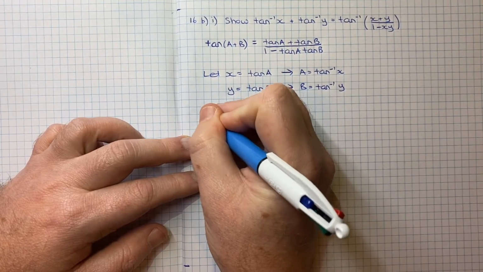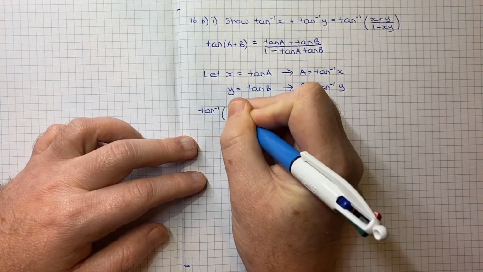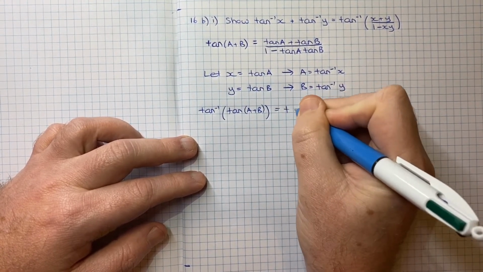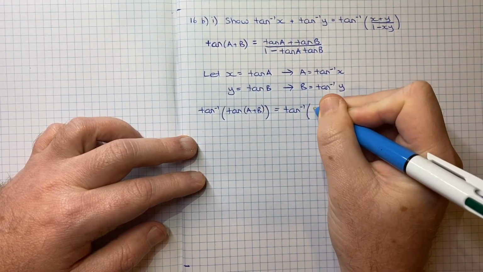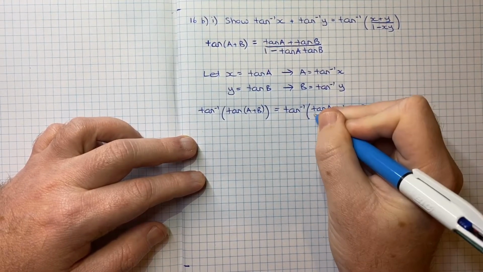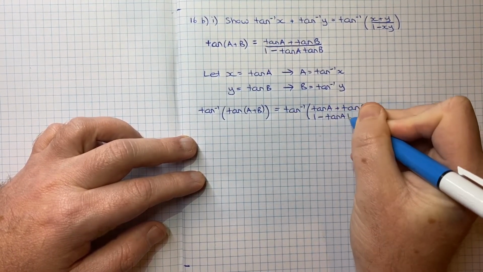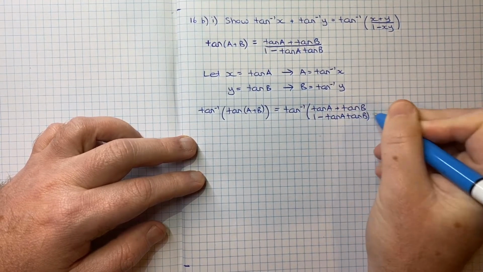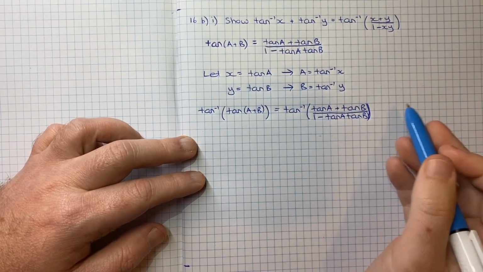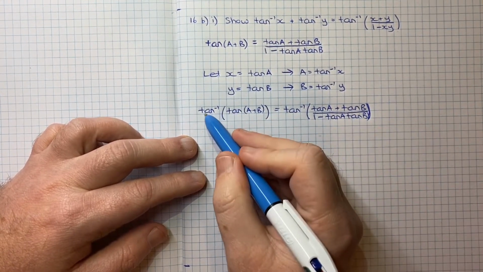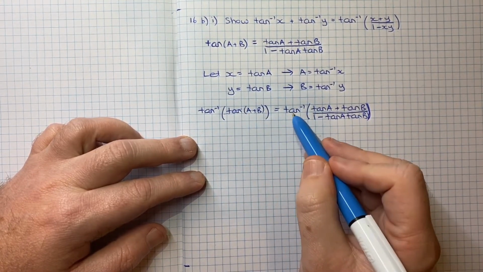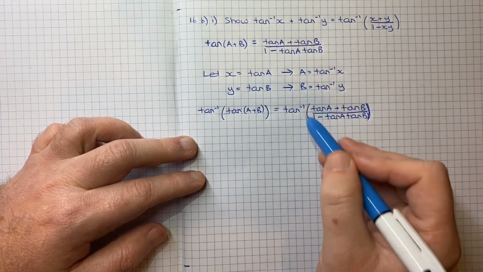We'd say the inverse tan of tan A plus B would be equal to the inverse tan of tan A plus tan B over 1 minus tan A times tan B. Whoops, that's actually a bracket over the whole thing. Now the inverse tan and tan cancel each other out, so we end up with just A plus B equals the inverse tan of all of this.